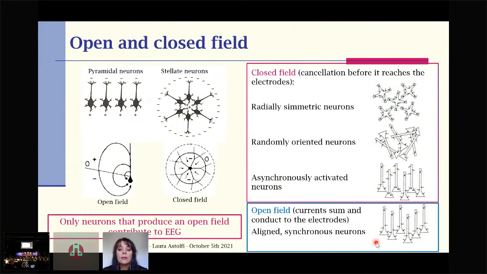Otherwise, that region is not visible to the EEG, and if the EEG is blind to a region, it means that we are not able to reconstruct it back. So it's important to keep this in mind when thinking of source models and what we are able to see and what we cannot see with a source analysis.